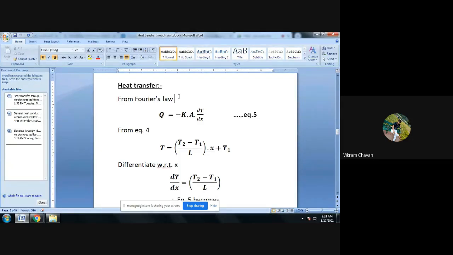From Fourier's law, Q is equal to minus K multiplied by A multiplied by dT divided by dx.